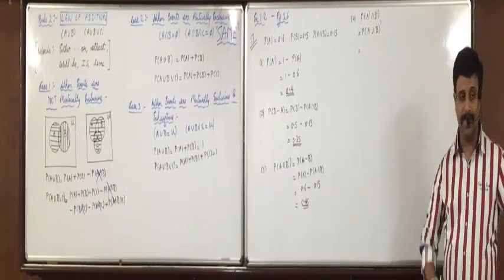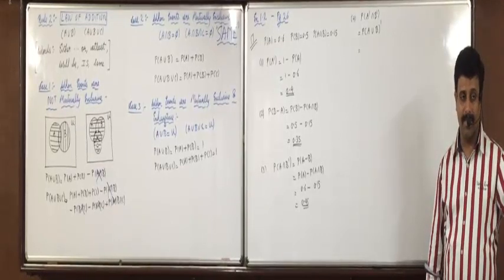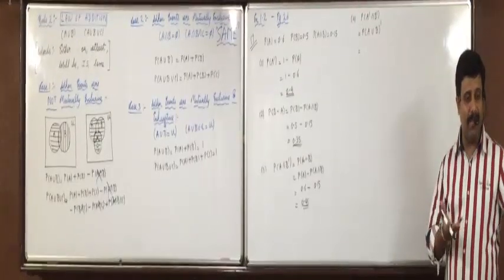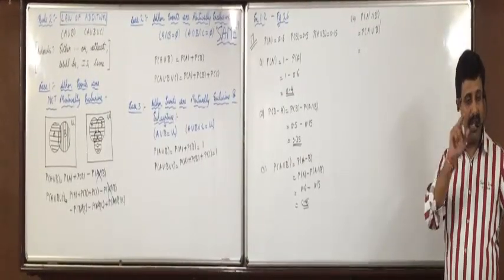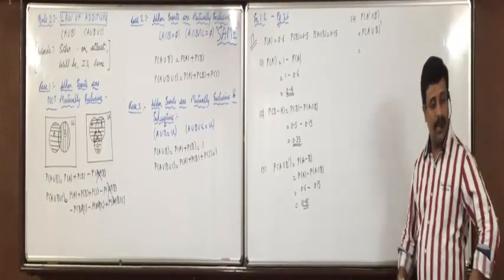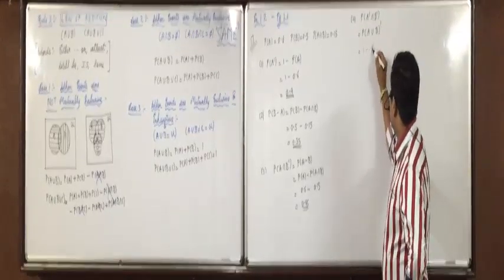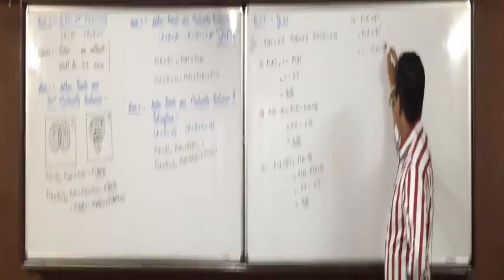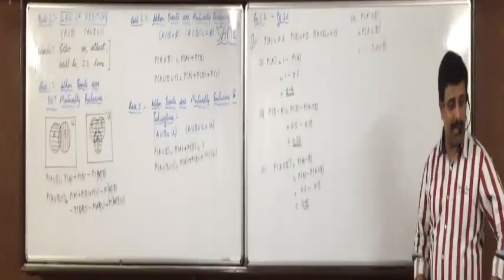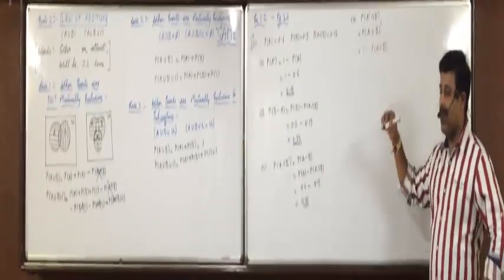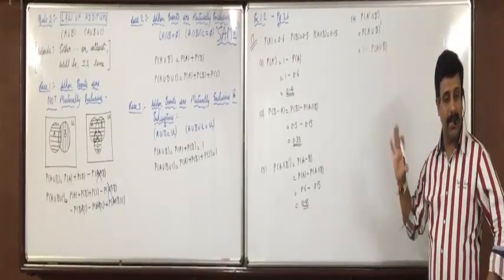P of (A union B) not is equal to 1 minus P(A union B). Not means 1 minus. Any complement is simply 1 minus.